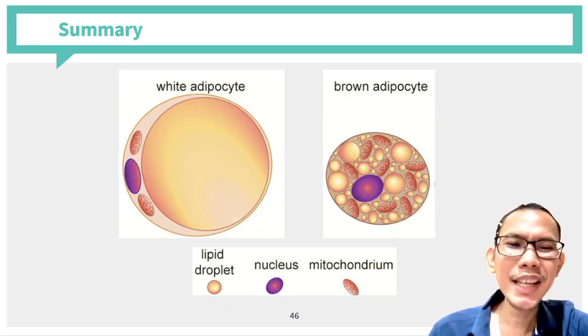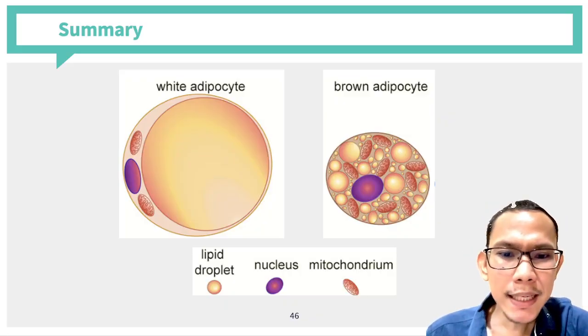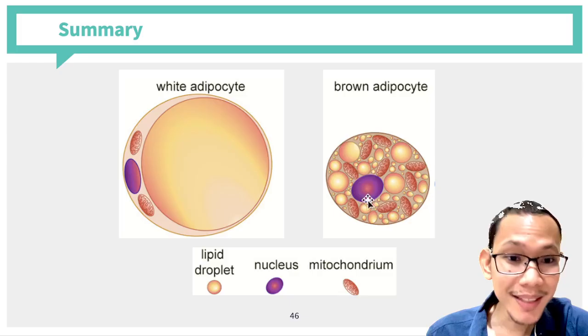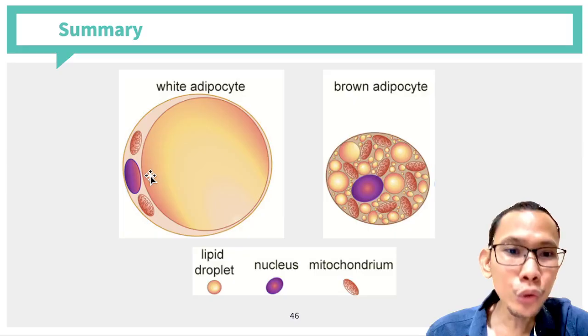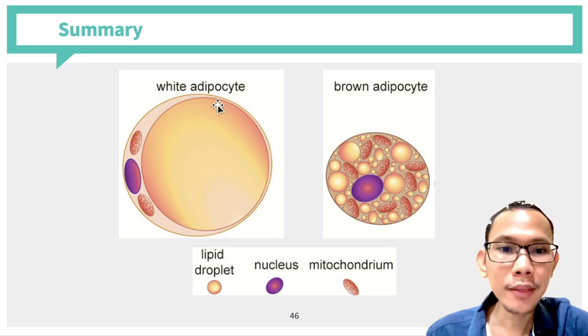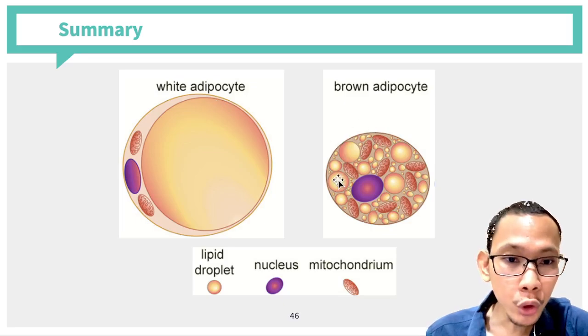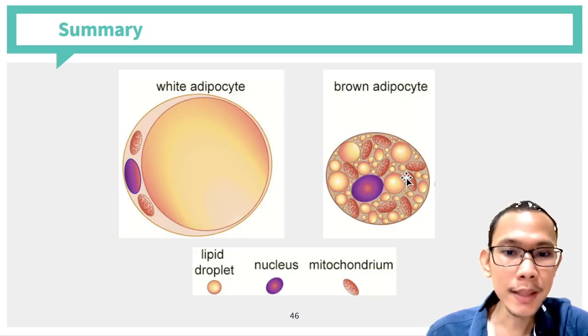As a summary, this is just a very short discussion of fat. Basically, this is the nucleus. The nucleus is found at the periphery here, and centrally located, often, here. Then they are called unilocular because you can see one large lipid droplet. Here, it is multilocular because you can see many small lipid droplets.